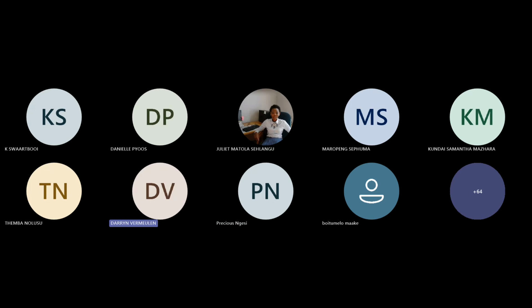Maropeng, do you have a question for us? Yes, thank you, and greetings once again. It is in relation to the formalities of the will with regards to the signing of the testator and the witnesses.